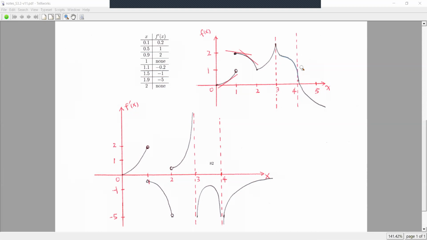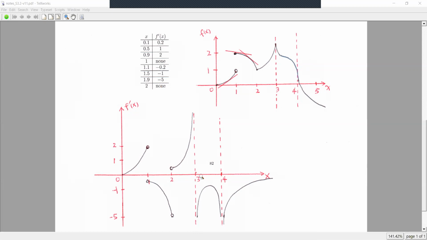Now, based on this observation, I plot the graph of the derivative between 2 and 3, between 3 and 4 here. Close to 3, derivative is large and negative. When x approaches 3 from the right side, actually this curve goes down to negative infinity.